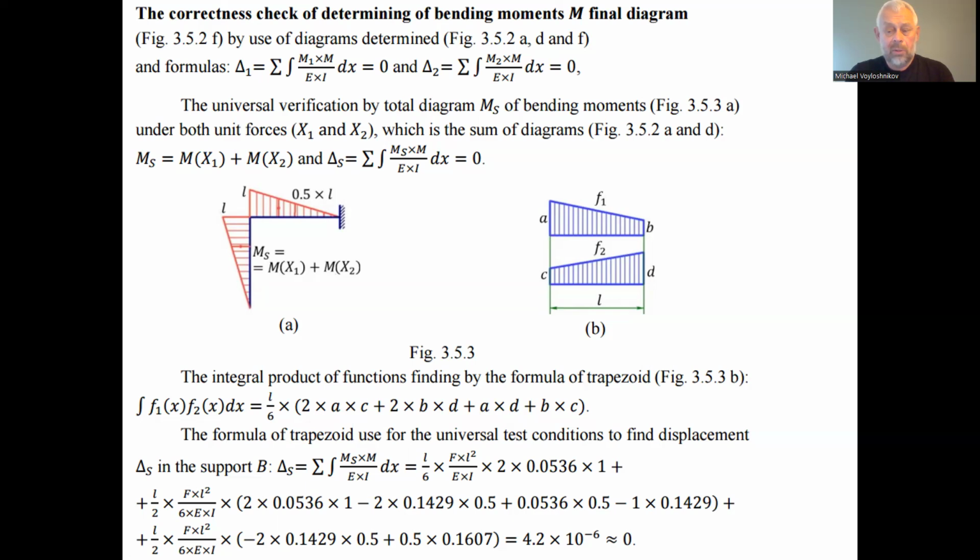But we are talking not about the geometry, we're talking about the elasticity. From the elasticity point of view, we can consider this generalized displacement of the same mechanical system, but in other directions.